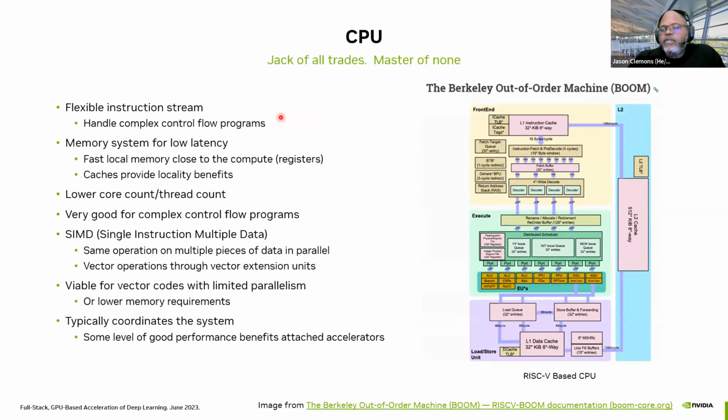What's interesting about CPUs is obviously there's this control flow piece. There is compute in there that's typically for scalars, although they do have some vector units, which we'll talk about shortly. But the memory system in CPUs is designed with this idea of low latency. As you get closer to the compute, you have the idea of registers. You've heard of register files where we store operands that we're going to operate on. Those are typically very fast.